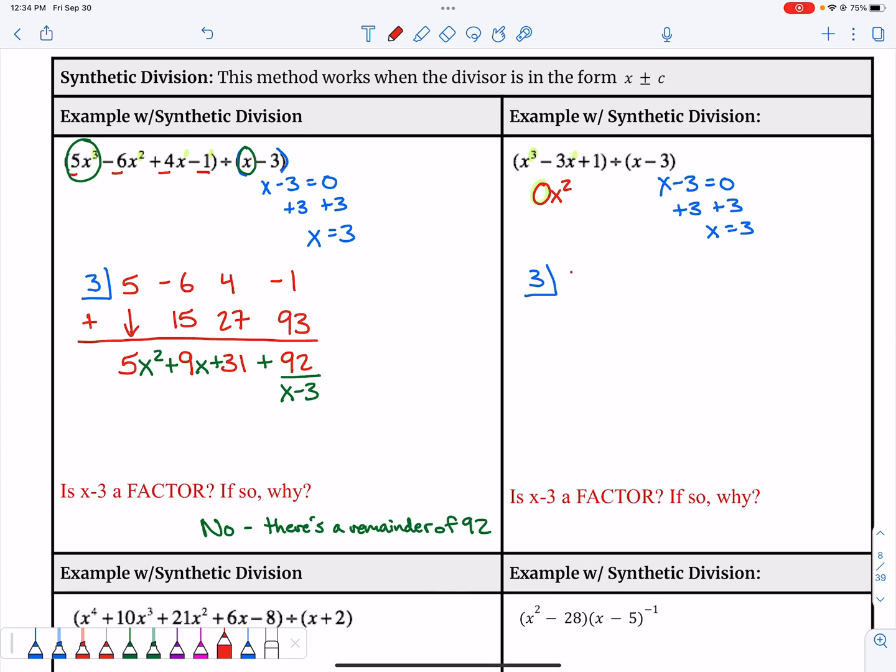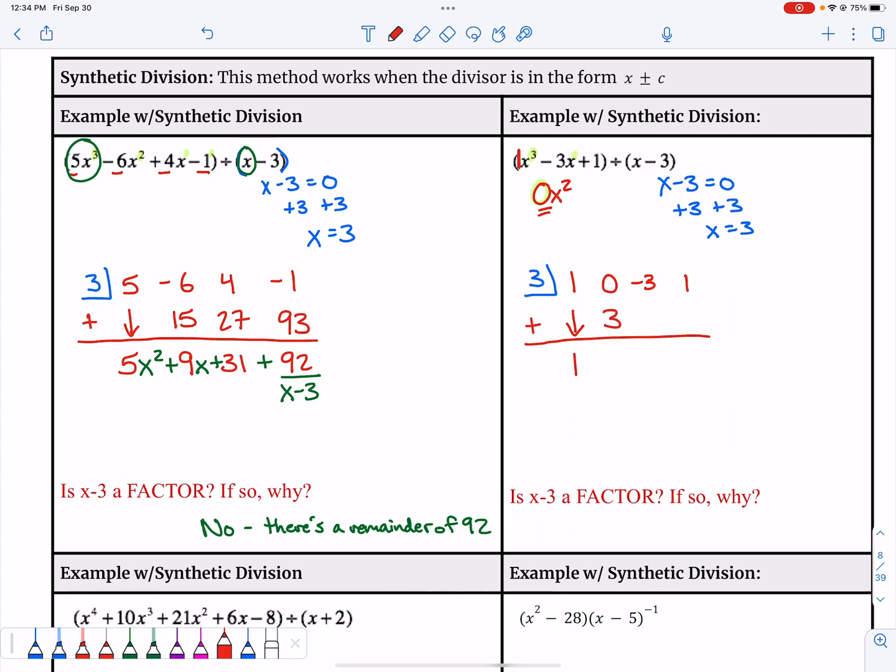So that'll be 1, because there's an understood 1 in front of x cubed. 0 to hold the place of x squared. -3 and 1. Leave room and draw a line. Drop the first number down, so that's 1, and then the pattern starts. So 1 times 3 is 3, and put that underneath the 0.